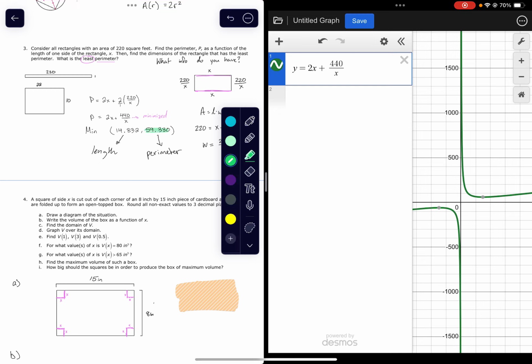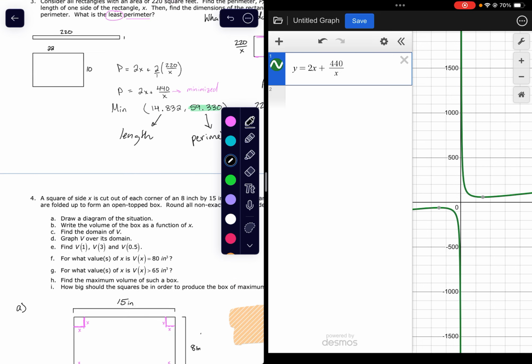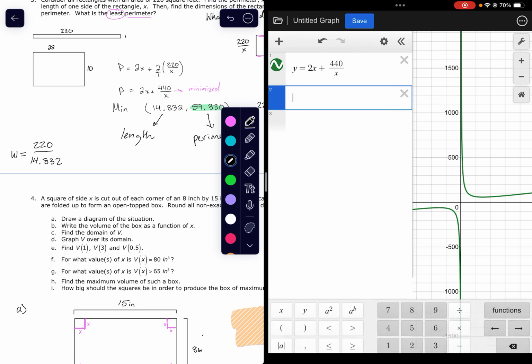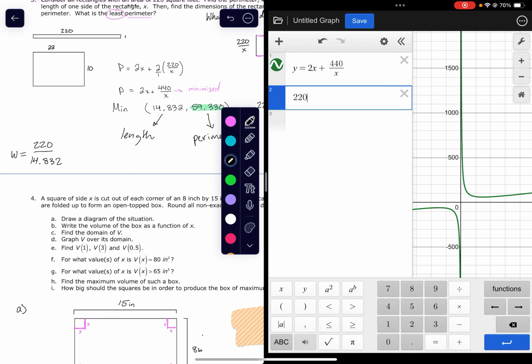And then to find the width, we're going to use that equation we found with the area to find it. So the width is equal to 220 divided by the length, which in this case is 14.832. 220 divided by 14.832, and I also get about 14.833. Interesting.